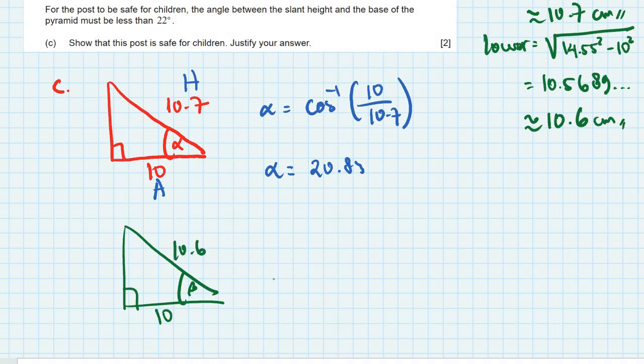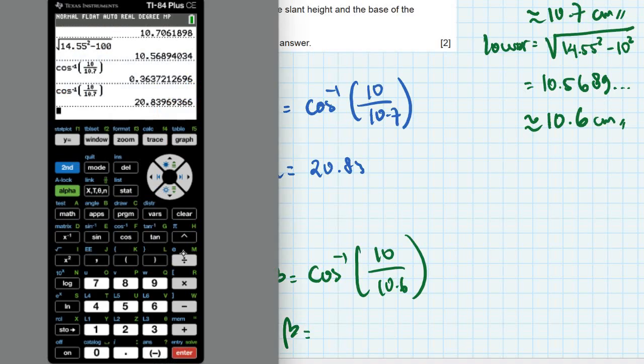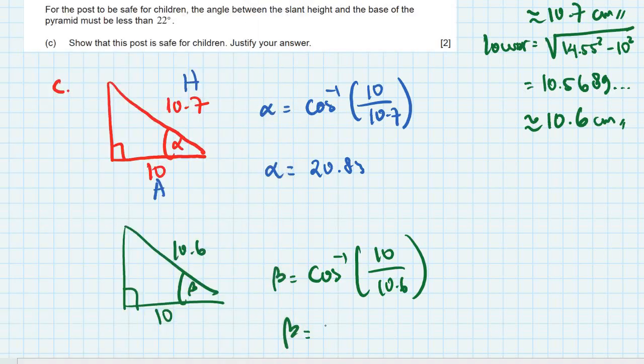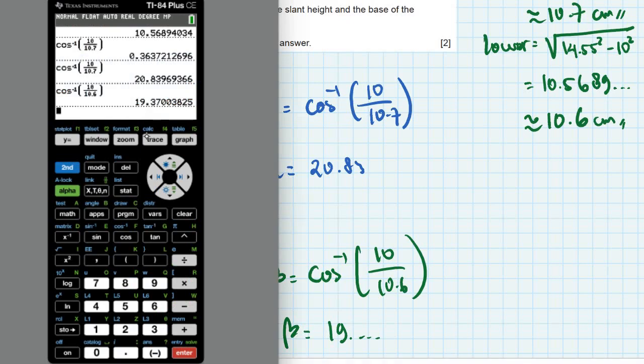So beta equals cos inverse of adjacent 10 divided by 10.6. We don't have to type it from the beginning, we can change the 7 to 6. Enter. We have 19 point something, even less. I'll put it as 19.37.